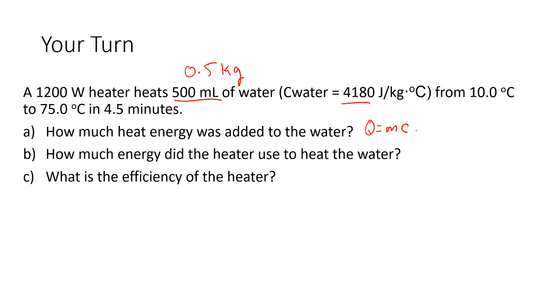We can find that by Q equals mcΔT. How much energy did the heater use to heat the water? Our energy input will be your power times time. Our Q is how much energy we get out for whatever we're trying to do. And then, can you find the efficiency of the heater?